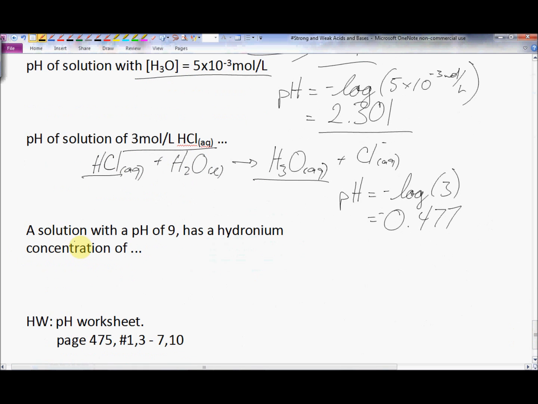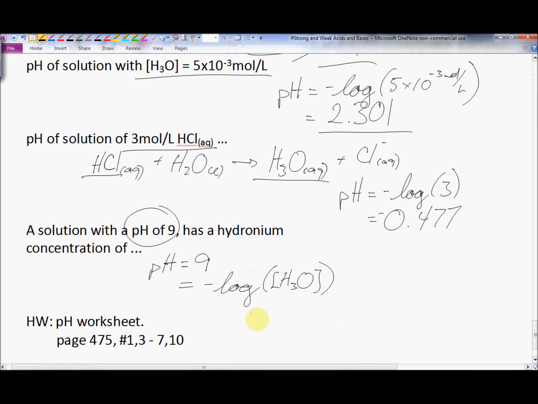This question here: a solution with a pH of 9 has a hydronium concentration of what? So pH is equal to 9, and that's equal to the negative log of the concentration of hydronium, and we'll have to work backwards from there. So what does that mean? The log of this number is negative 9.